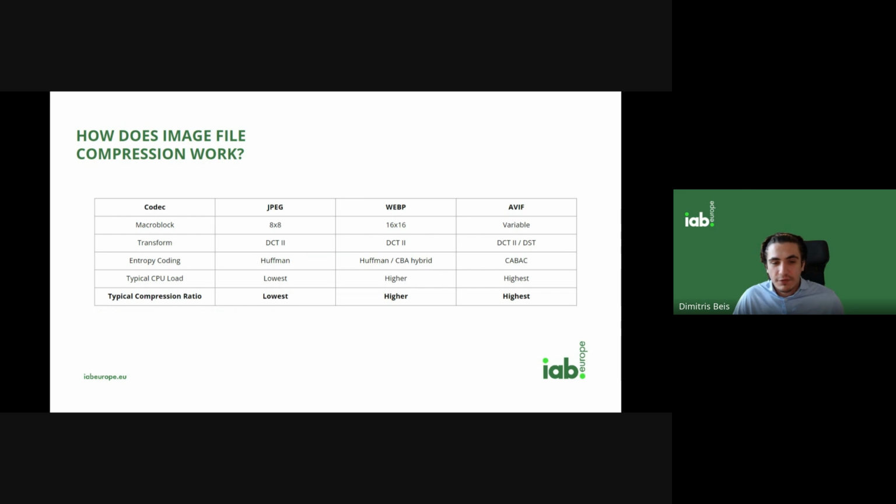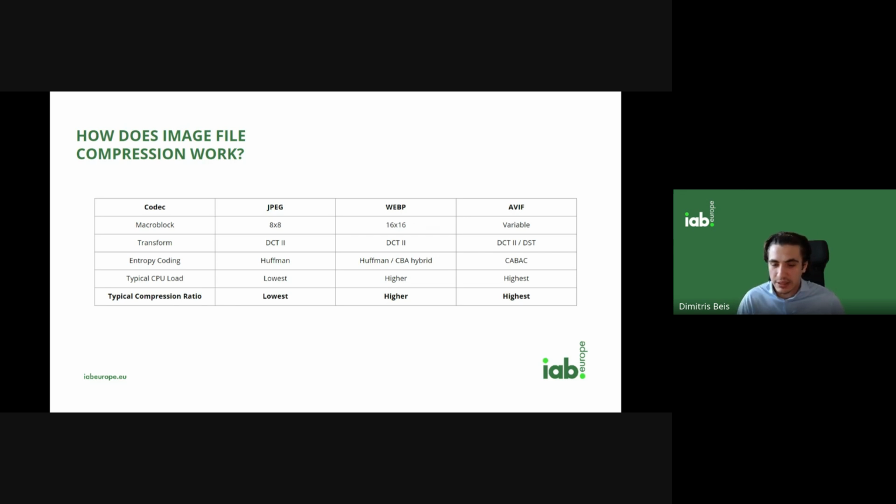So looking at different formats for a second, the reason why some formats end up producing lower file size files is because they simply apply more transformations to the original data. That means that they also consume more resources during the encoding and decoding process, and there's a kind of trade-off between CPU load and compression ratio. So we see that WebP, for example, has a bigger macroblock.